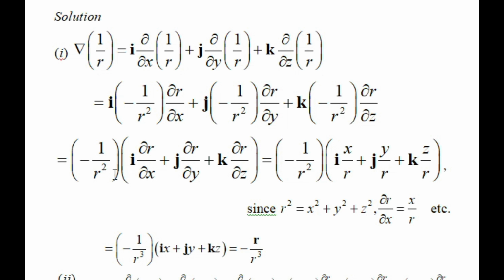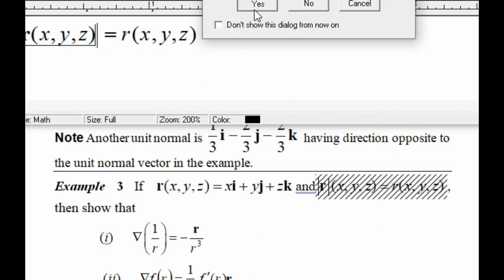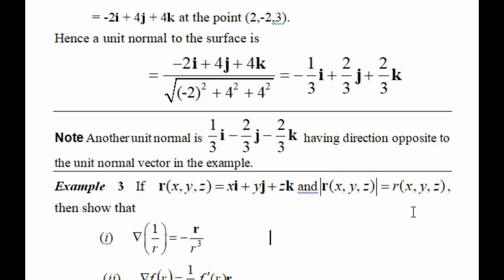Now what about ∂r/∂x i + ∂r/∂y j + ∂r/∂z k? That means the scalar function r of (x, y, z) is obtained by taking the absolute value of the vector r of (x, y, z).